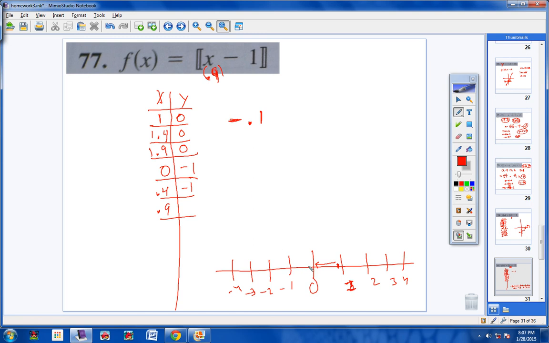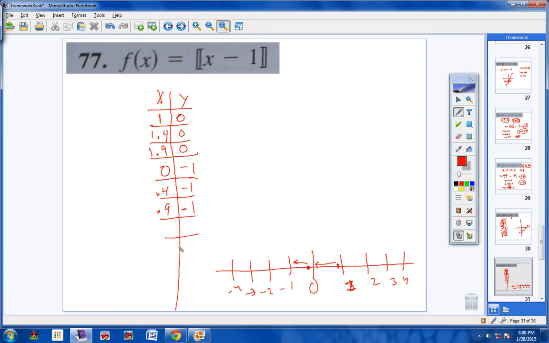So where's negative 0.1 on my number line? Right here, because it's inside this box still. The greatest integer of negative 0.1: right here, go to the left, it's going to be negative 1, okay? So we're going to put a negative 1 right here.